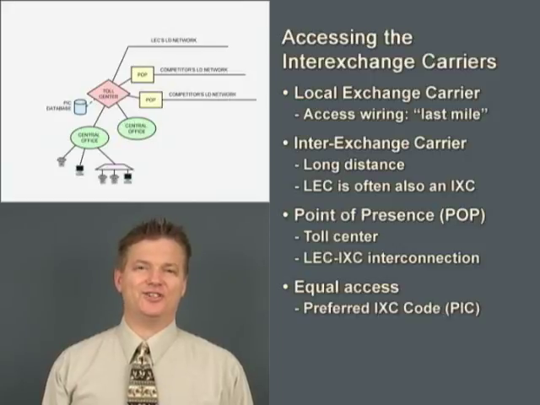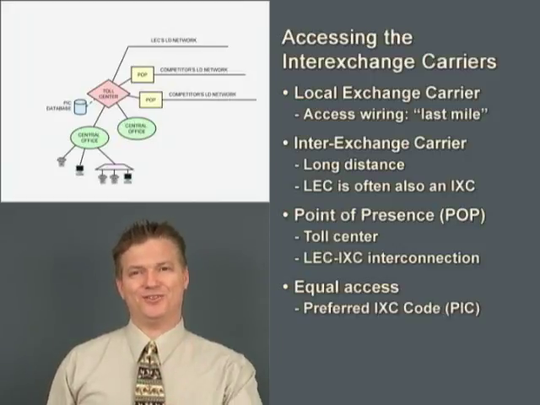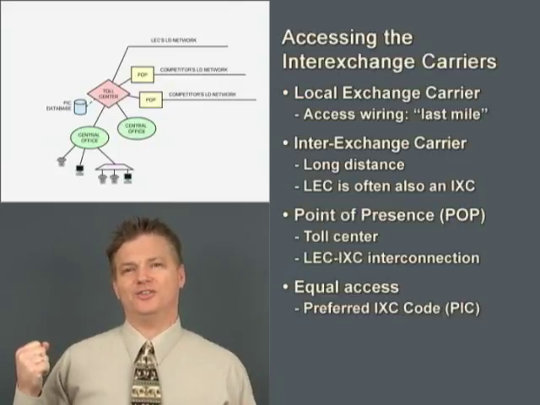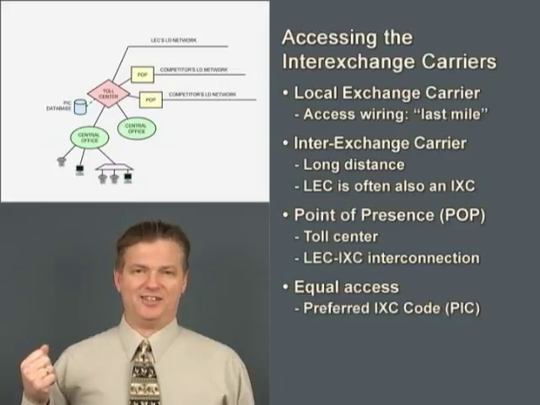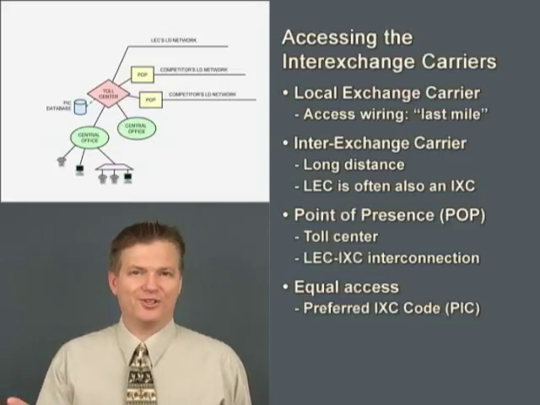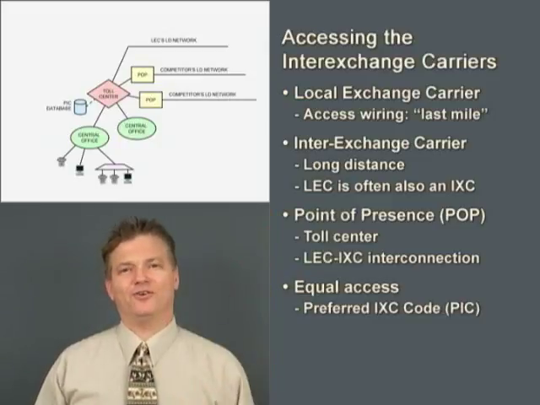And each inter-exchange carrier has a code, so their PIC code is stored against your local phone number. So when you dial 1212, the LEC has to do a lookup in this PIC database to see who your preferred long-distance carrier is, and then it will automatically route the phone call to that physical network.